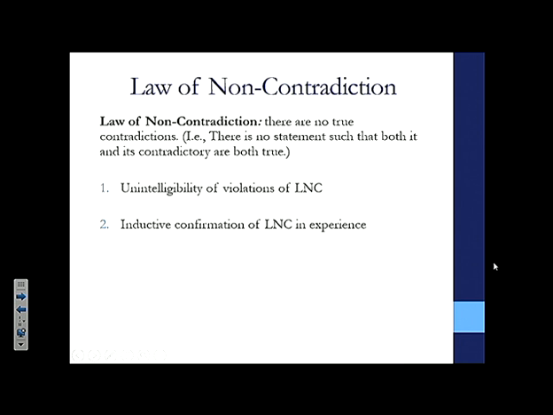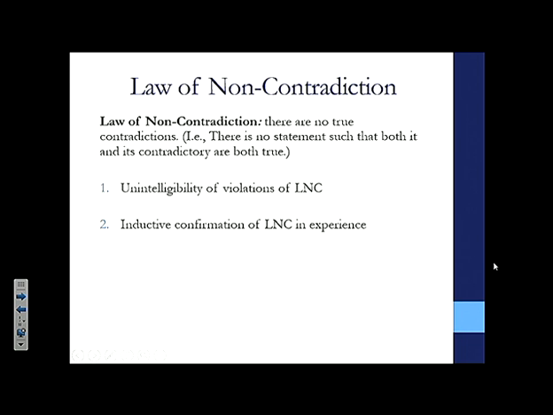It's not a knockdown argument. It could still be the case that everybody's had a certain range of experiences, and yet the world is such that one could have an experience that's not in that range. But the fact that our experiences provide so much confirmation of the principle provides some non-trivial reason to think the principle is true.